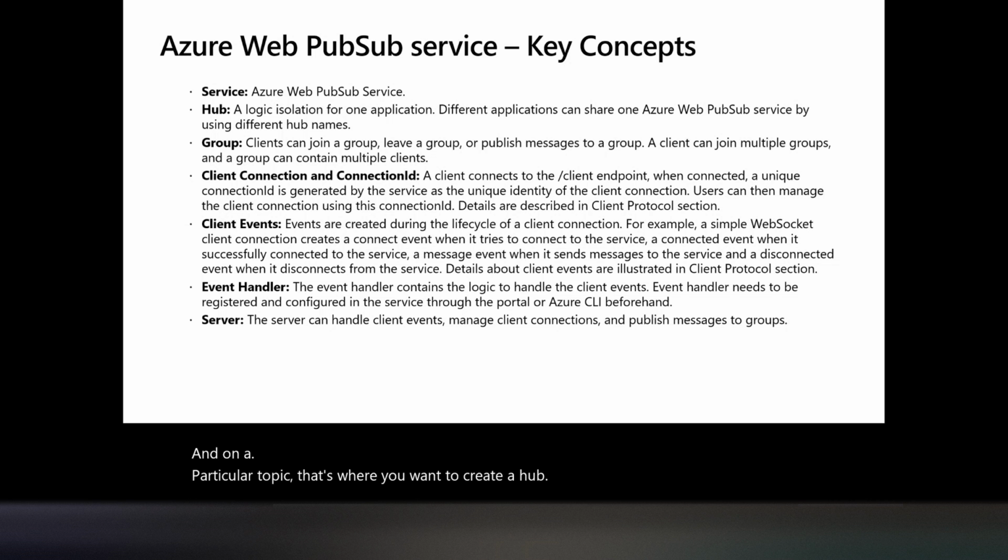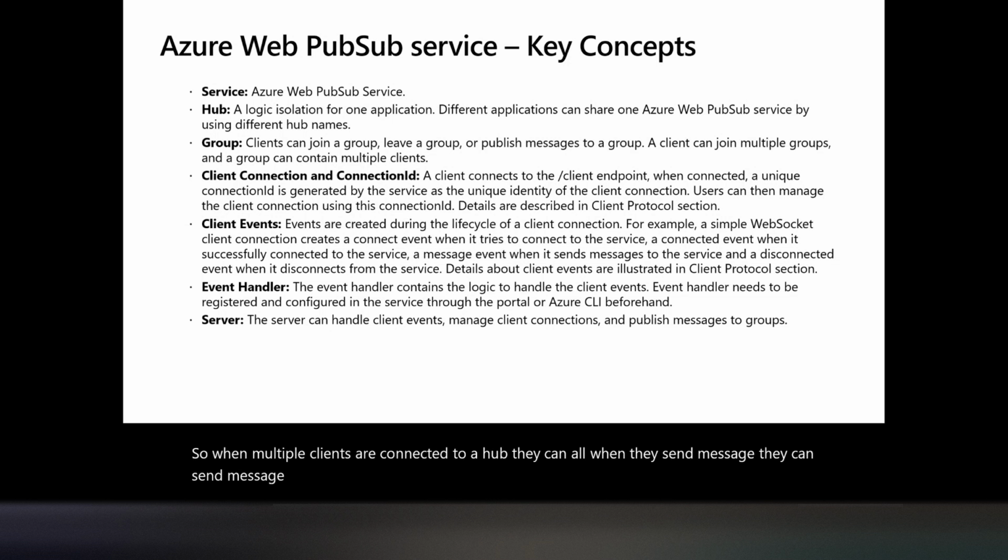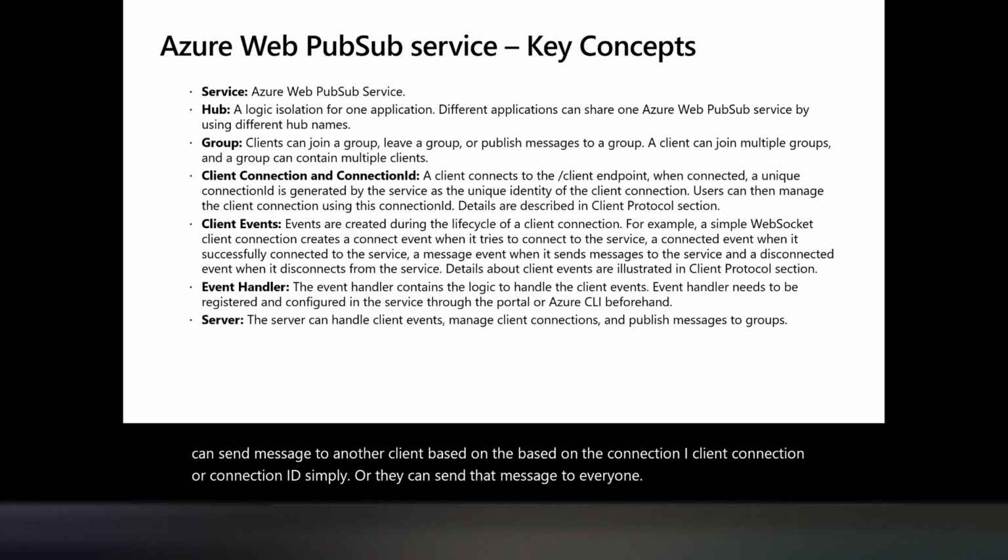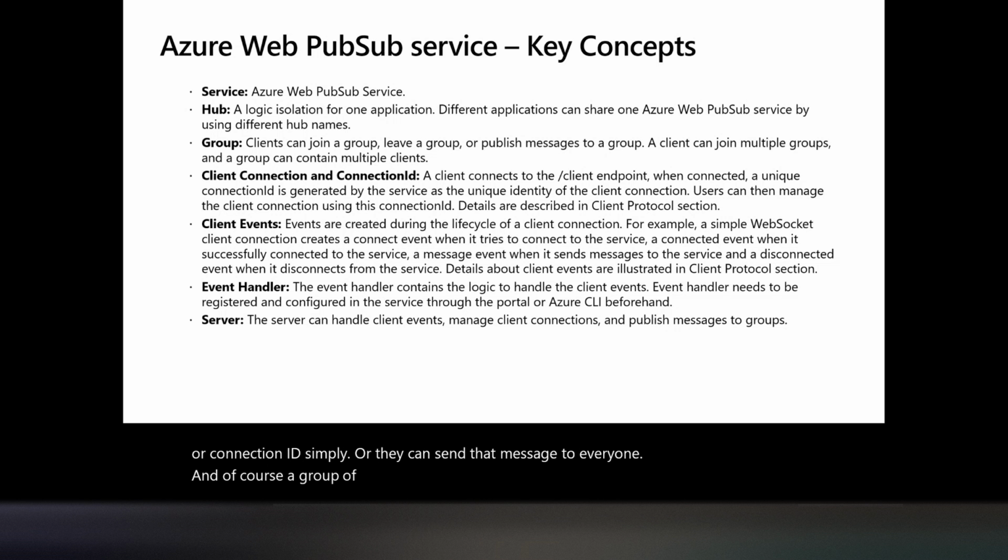So when multiple clients are connected to a hub, when they send a message, they can send it to another client based on the client connection or connection ID, or they can send that message to everyone. And of course, there's a concept of a group as well, which is a number of clients in a group, and a client can join multiple groups.